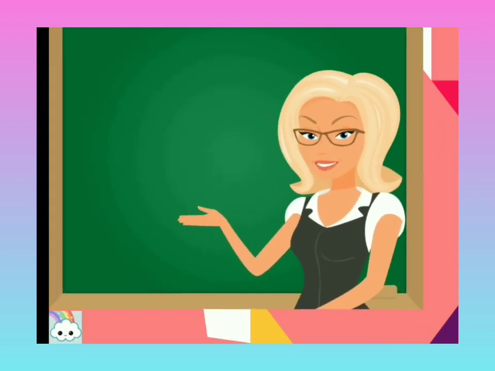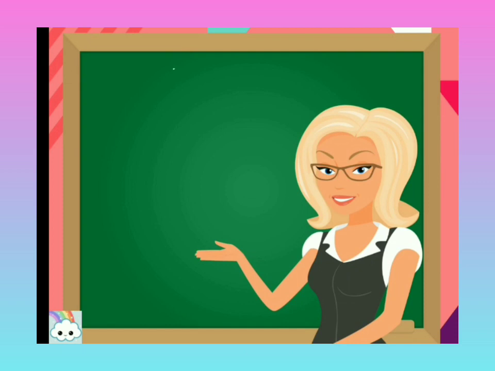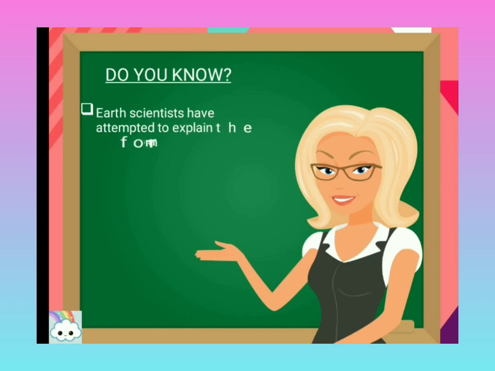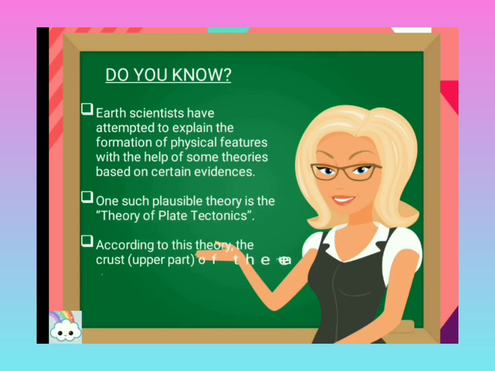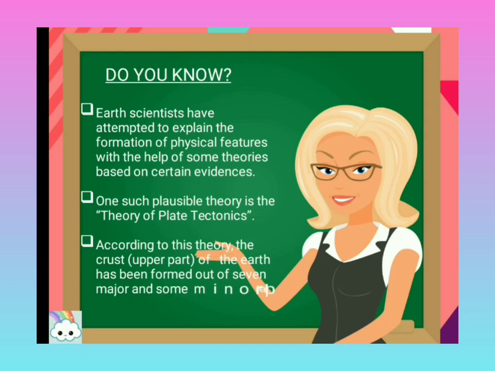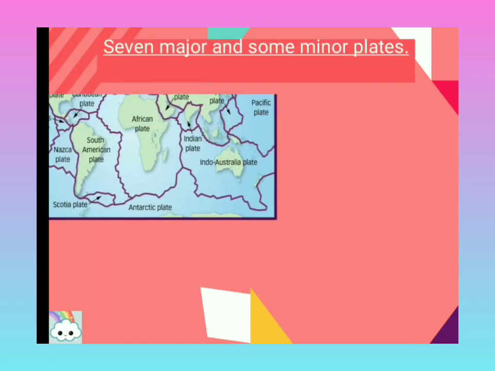Do you know? The earth scientists have tried to explain the formation of physical features with the help of some theories based on certain evidences. One such theory is known as plate tectonics. According to this theory, the crust, which is the uppermost layer of the earth, has been formed out of 7 major and some minor plates. Do you know the names of the 7 major plates?